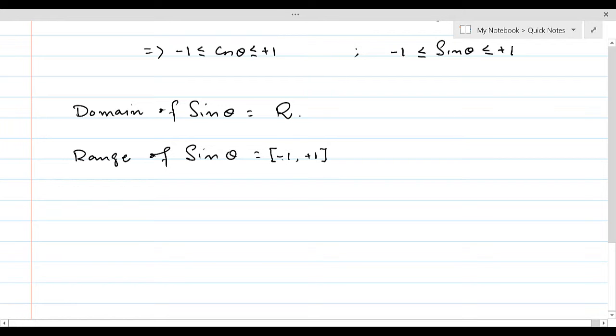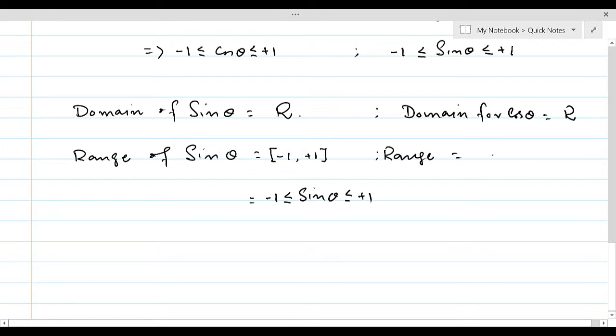That is represented by the closed interval. Or equivalently, it can also be represented as minus 1 less or equal to sine theta less or equal to plus 1. Similarly, the domain of cos theta is equal to R, and the range is equal to minus 1 to plus 1.